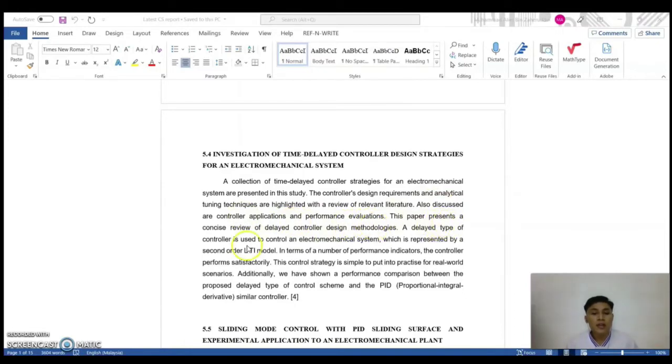This paper presents a comprehensive review of delay control design methodologies. In terms of a number of performance indicators, the controller performed satisfactorily. This control strategy is simple to put into practice for real-world scenarios. Additionally, we have shown a performance comparison between the proposed delay type of controller scheme and the PID, which is proportional integral derivative, controller.